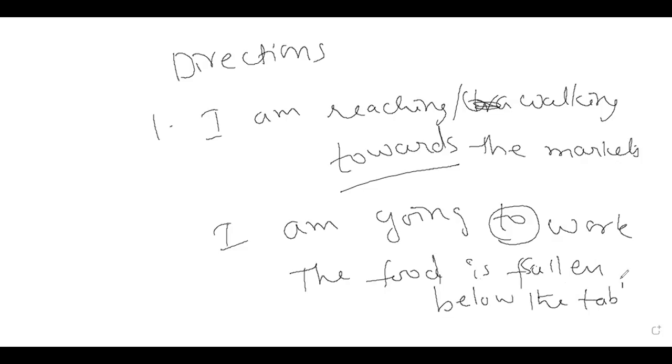The food has fallen, or you can say the food is dropped below the table. The dust is dropped above the table. The dust is dropped at the end of the city. Okay, so these are certain kinds of prepositions used for mentioning the direction.